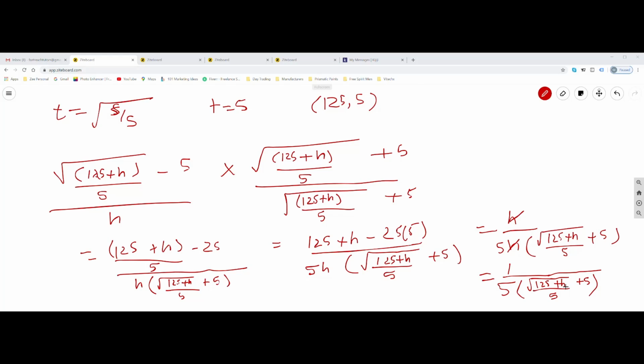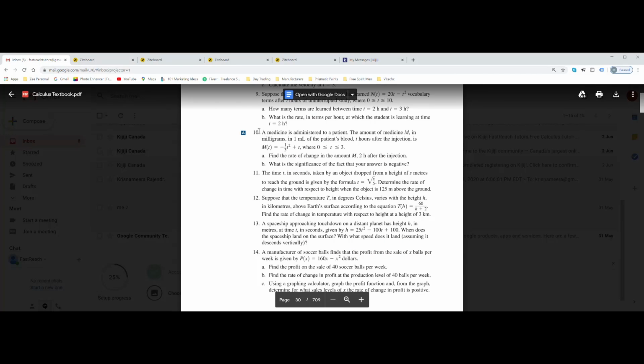Okay, so square root of 25 is 5. 5 plus 5 is 10. 10 times 5 is 50, so you're left with 1 over 50. Let's go to the next question.